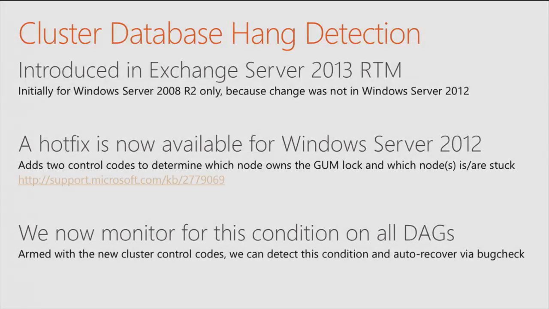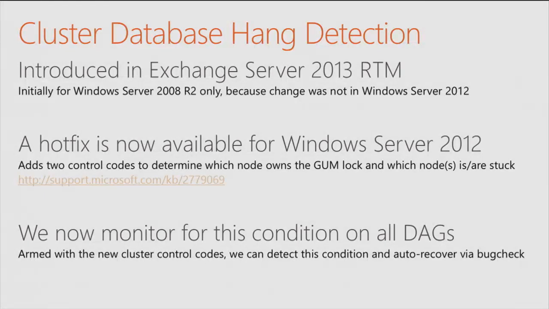And now that we are armed with that information, something like Managed Availability or the Exchange High Availability platform can recognize and receive one of these control codes, and when it sees this state, we now have the ability to auto-recover automatically by bug checking the server and rebooting it. That always unsticks it. So historically, we'd have to send an admin out to push the power button. Now we don't have to.